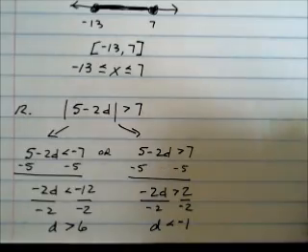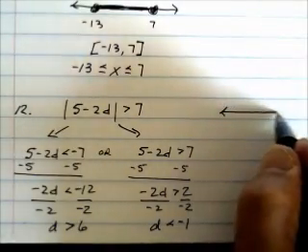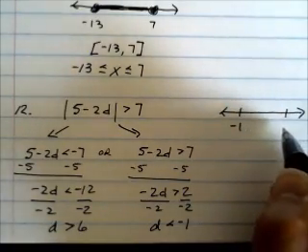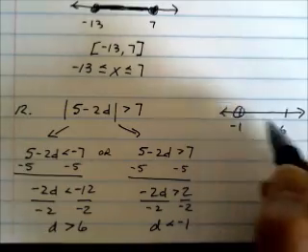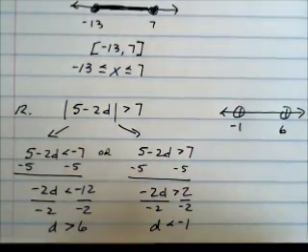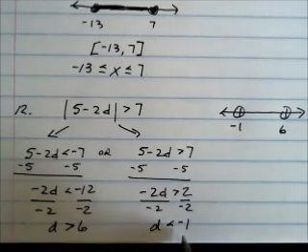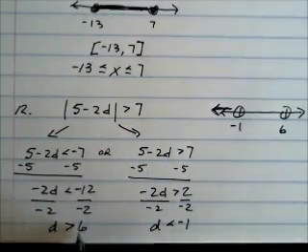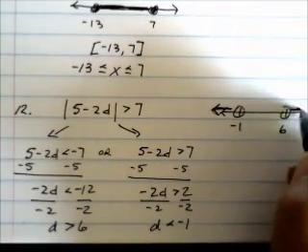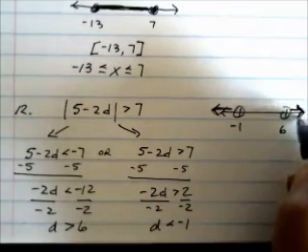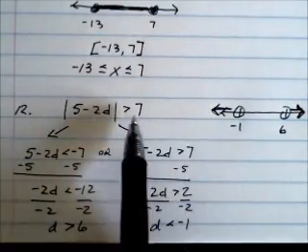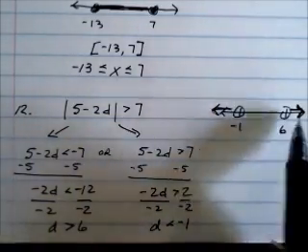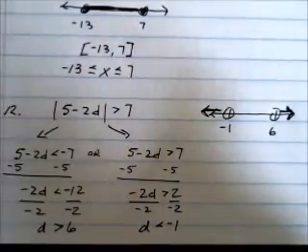So let's go to a number line. Negative 1 and 6. Circle each and leave them open. D is less than negative 1, that would be to the left. Or d is greater than 6, that's going to be to the right. So again, as you can see here, our original inequality was a greater than, so our shading goes outside the two number values.